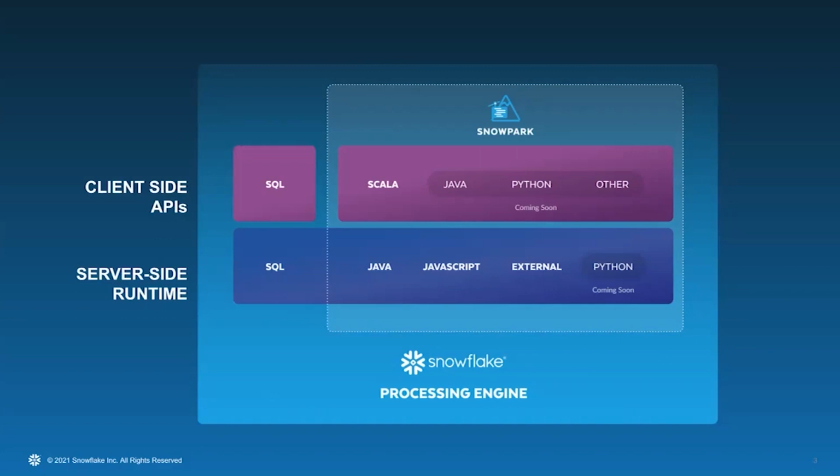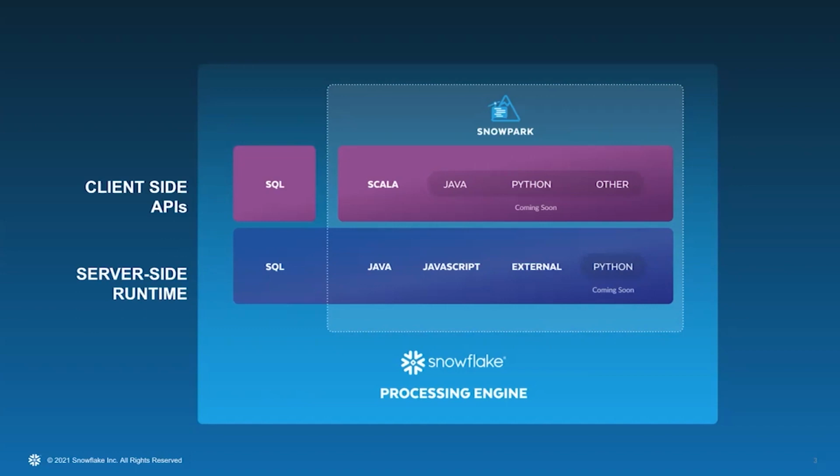Snowpark is how we call this whole system and abilities for Snowflake to have your custom code run in Snowflake or outside the Snowflake, but we are extending the power of SQL to other languages. So data engineers, data scientists, software engineers can use their favorite language while letting Snowflake run this code and process it.